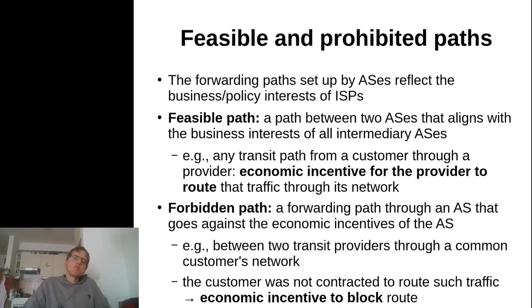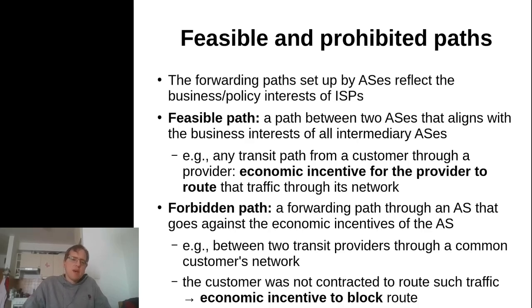So not just with the two endpoints, but all the intermediate ASes too agree to actually forward traffic on a feasible path. So for instance, we're going to see that a transit path from a customer to basically any of the other ASes on the internet is a feasible path, because there is an economic incentive for the provider to route traffic along that path.